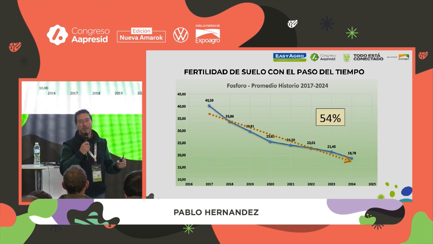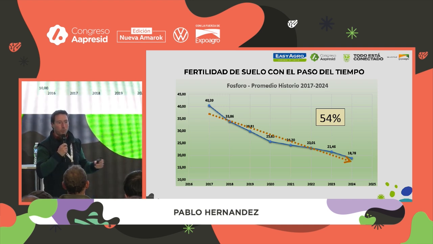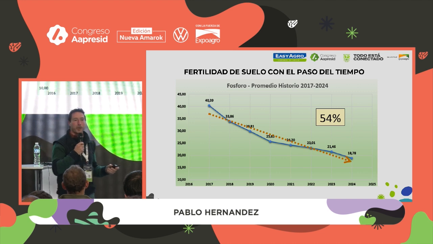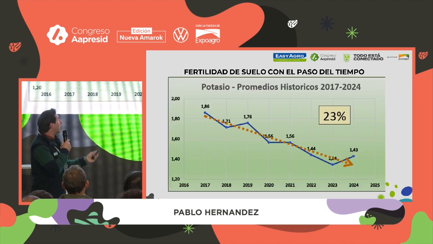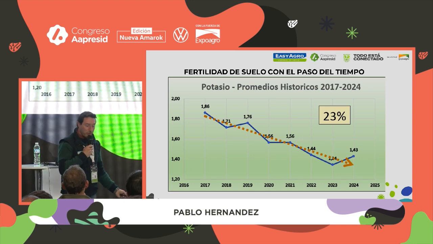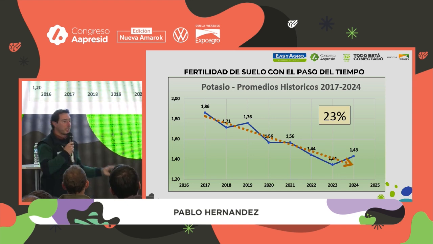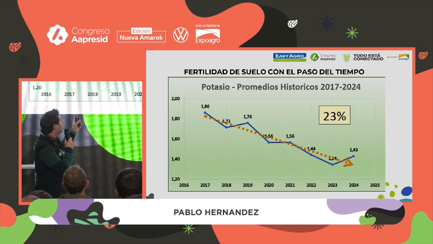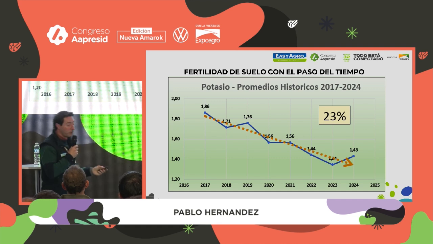So when we have 50 quintals of soybean, and to start with, we have 50 kilos, we never recover what we are extracting. When we look at potassium, it's good to take this into account.